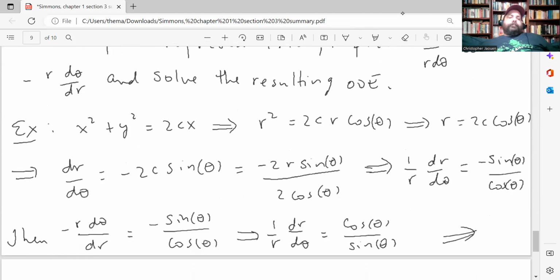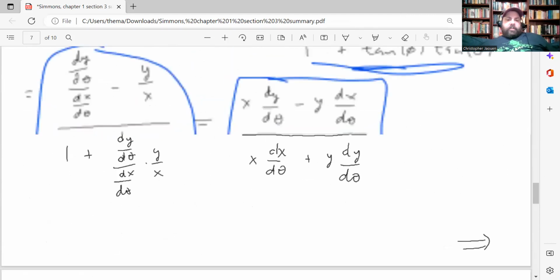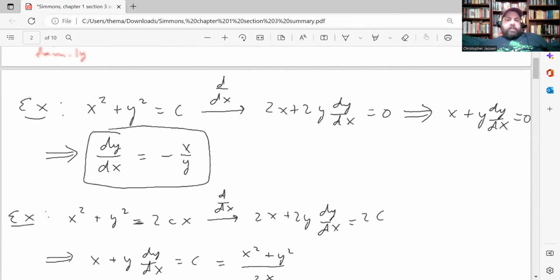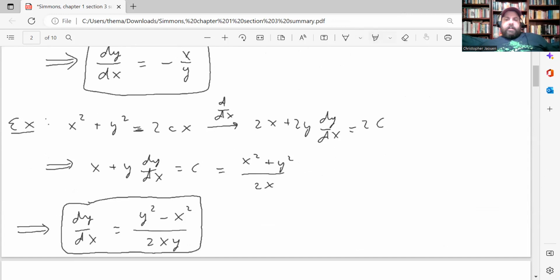So doing the example, let me just go back. That second example that we went over in the summary, where was it? This one here.